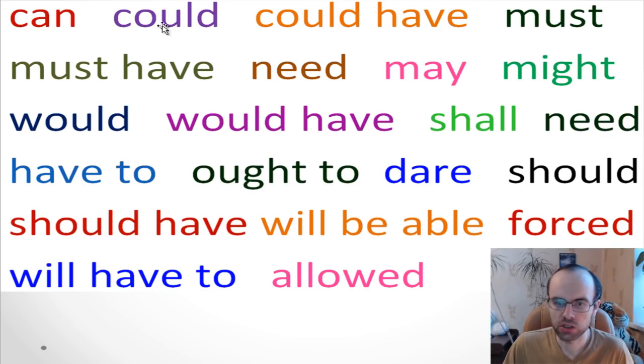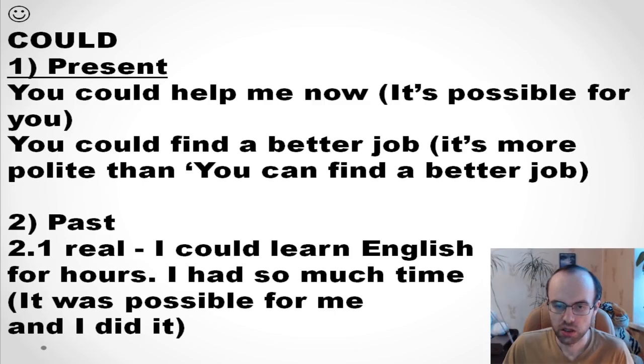Okay, next. Let's talk about could. It's a little bit more difficult. First of all, you need to know that we use could in two main situations, present and past. Really, we use could when we talk about the present.